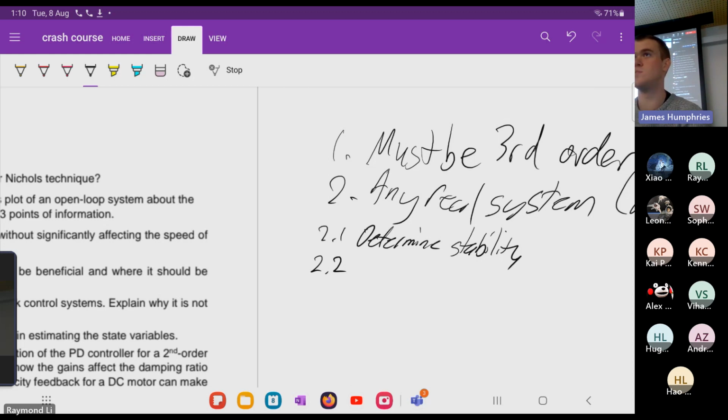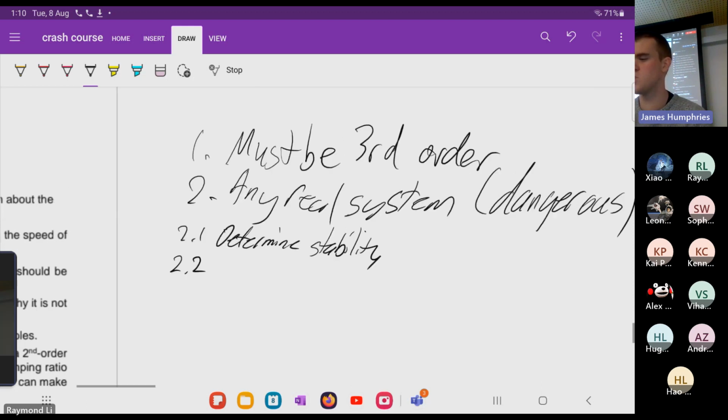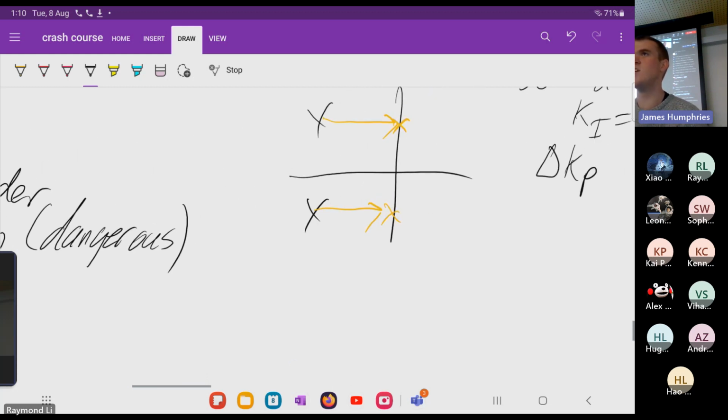Whether you can actually place the poles where you want them to go. What did we just answer in the previous question? Oh, you can find the critical gain. We push it to the edge of stability. And what happens when we have that? We have an oscillation.